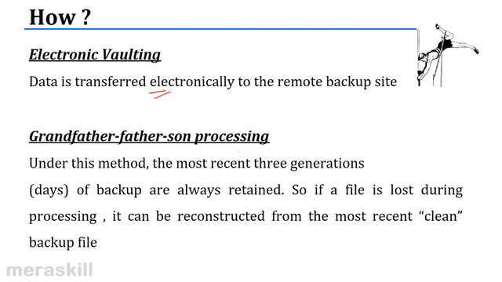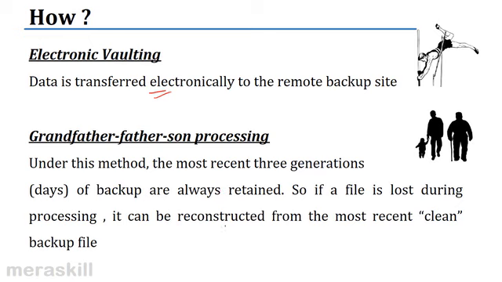Next is grandfather-father-son processing. Under this method, the most recent 3 generations, that is 3 days of backup, are always retained. So if a file is lost during processing, it can be reconstructed from the most recent clean backup file.